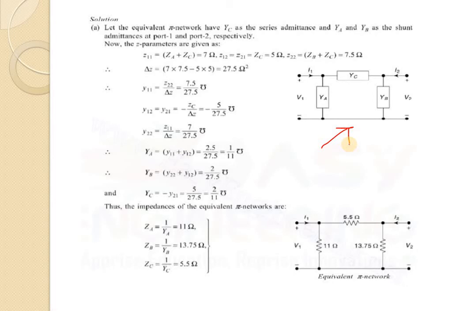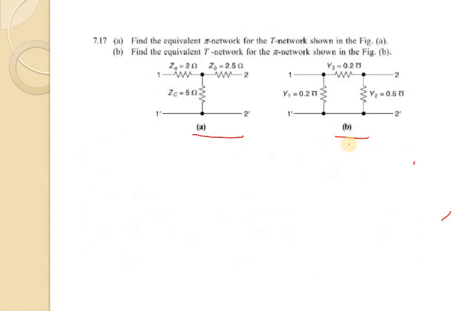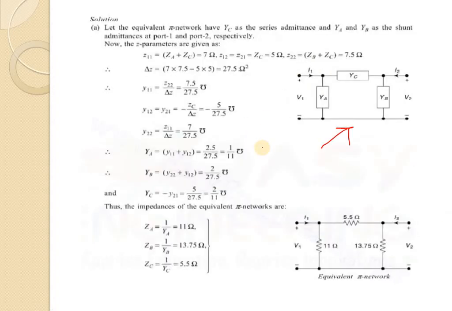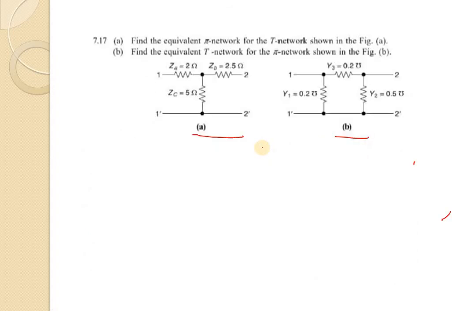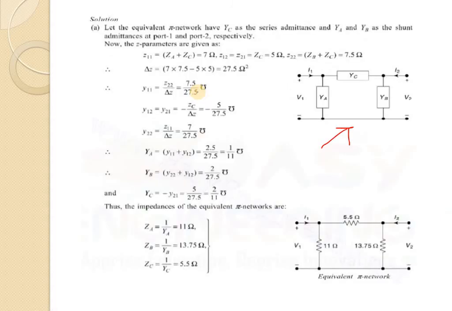Now the Z parameters are given as Z11 equals ZA plus ZC, Z12 equals Z21 equals ZC, that is 5 ohm, and Z22 equals ZB plus ZC.